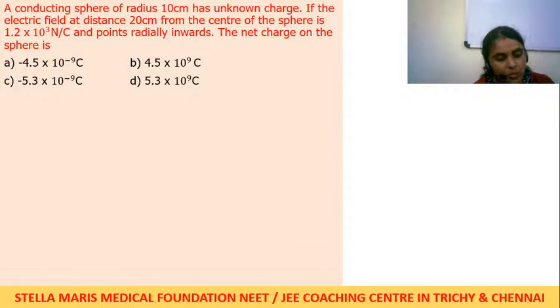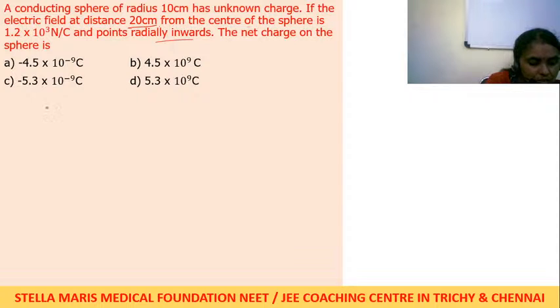So we will see one problem based on electric field. A conducting sphere of radius 10 centimeter has unknown charge. If the electric field at a distance 20 centimeter away from the center of the sphere is 1.2 into 10 cube Newton per coulomb and points radially inwards, the net charge on the sphere is.